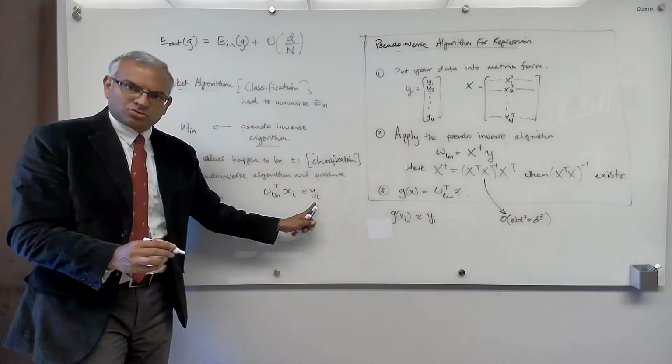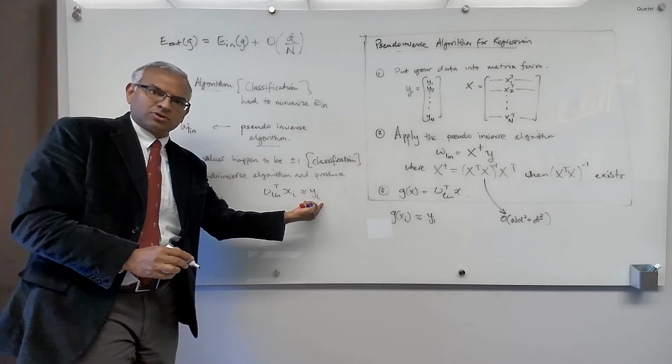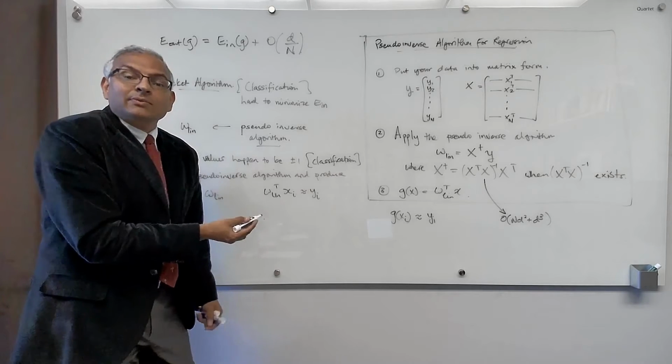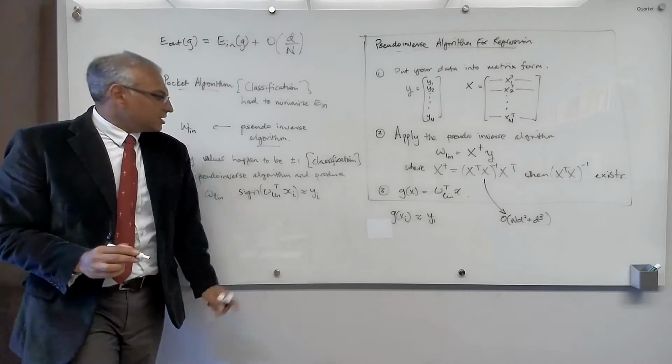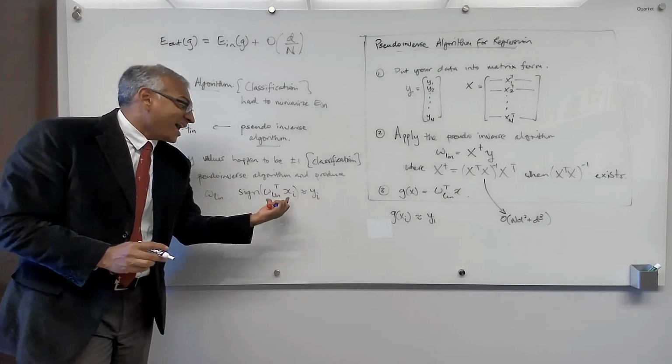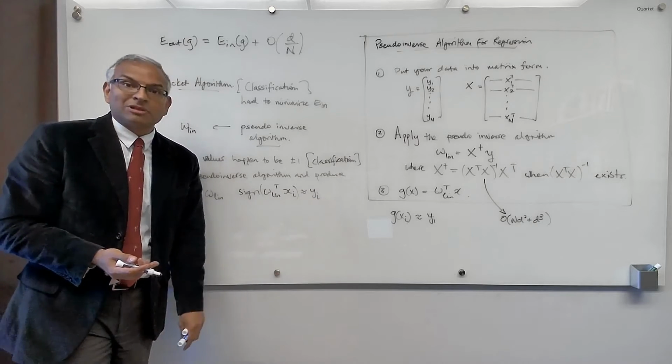But if the actual values are approximately equal to the y_i, well then the sign will typically agree. If the actual value is close to plus or minus 1, then its sign will also be close to plus or minus 1.